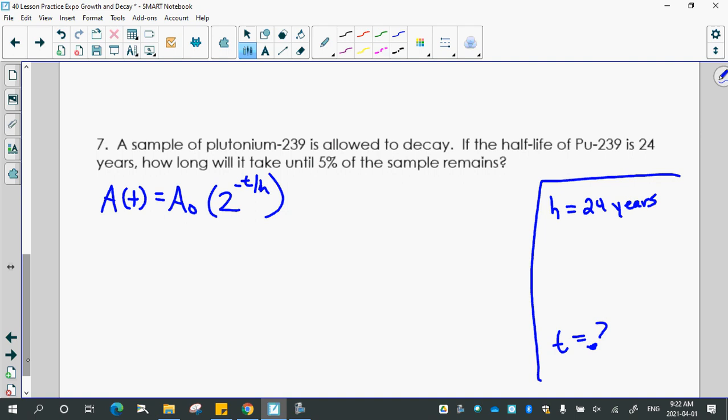Do you want to say A at 0 is 100, because we're dealing with percents here? A sub 0 is 100. I'm going to show you 2 ways to do it, and then you can pick. So if A at 0 is 100, what is A at T then? 5. Because 5% of 100 is 5.